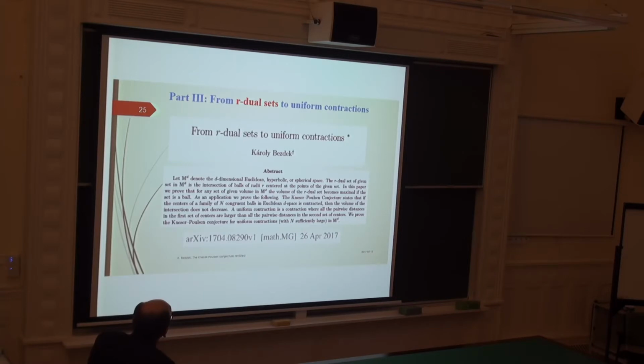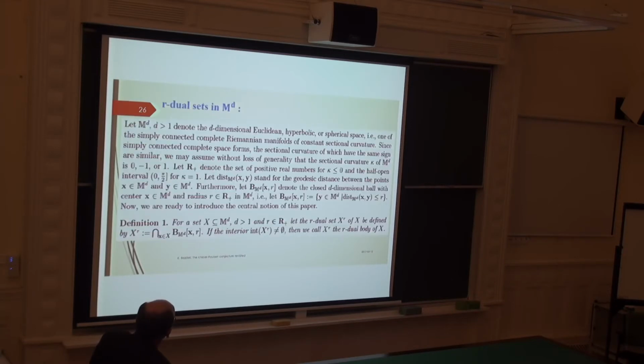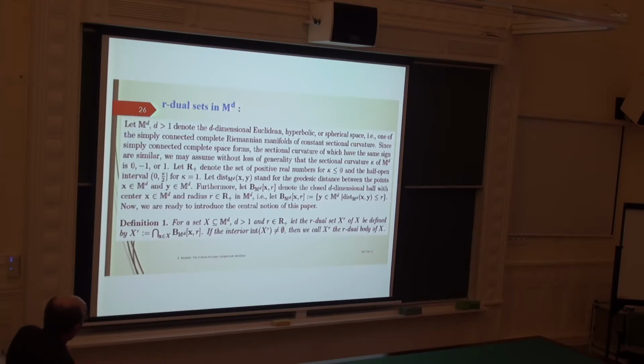I call them R-dual sets, and let me introduce R-dual sets. So the setting is we are in a d-dimensional Euclidean or hyperbolic or spherical space. We, of course, know that there is this geodesic distance, which I label in this way. So M^d stands for either Euclidean d-space or hyperbolic d-space or spherical d-space. There is this notation R+, which I need to explain a bit.